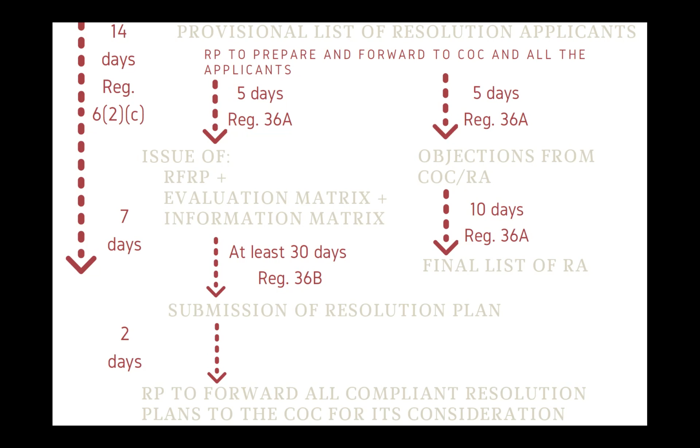We are trying to provide certain documents to the prospective resolution applicants, so that they can come up with proper plans to revive this entity and pay off the debts to the creditors. The better the information, the better the plans you would get. So the request for resolution plan and the information memorandum are two mandatory documents which have to specify all the major details pertaining to the corporate debtor.